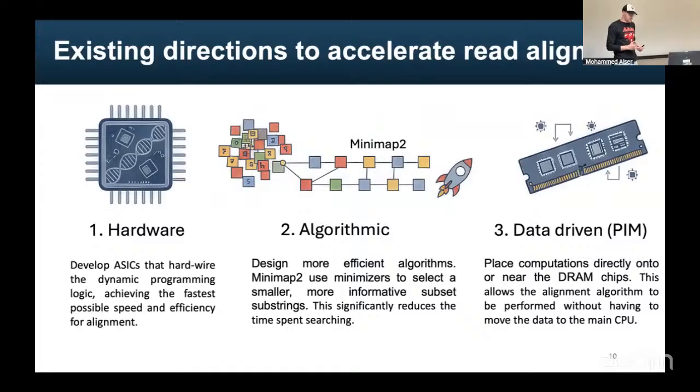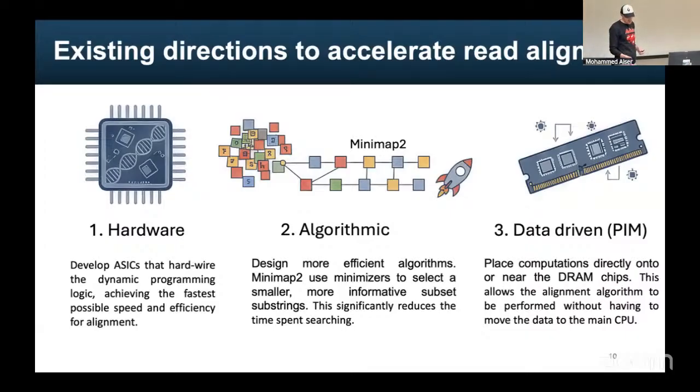So the first direction is a hardware direction. Basically we can develop custom hardware that will hardwire a certain existing algorithm for read alignment. So we can design ASICs for read alignment in the same way as people design ASICs for mining Bitcoin.